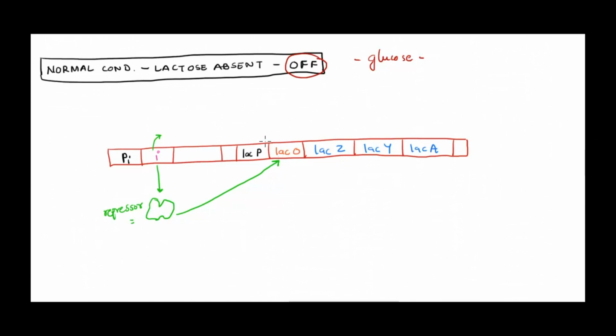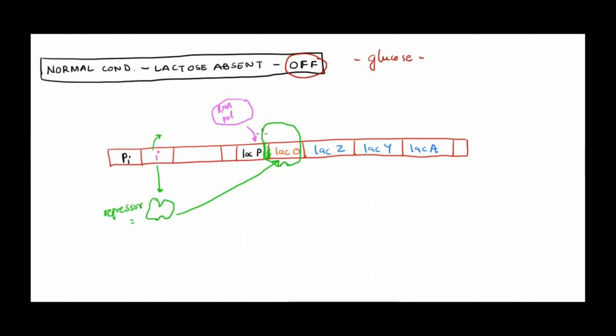Now this operator actually overlaps the promoter a little bit, okay? So this repressor will come and bind to this operator. Now what happens? Promoter is the region where the RNA polymerase will come and bind, right? Because it can recognize the promoter sequence. Now if RNA polymerase comes, it will definitely try to bind to this promoter site.